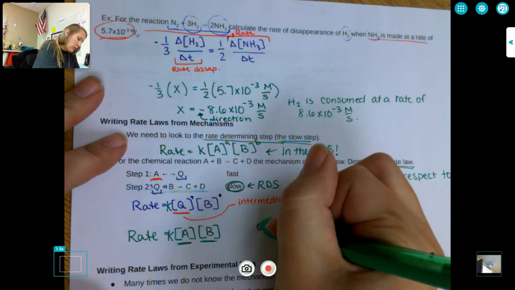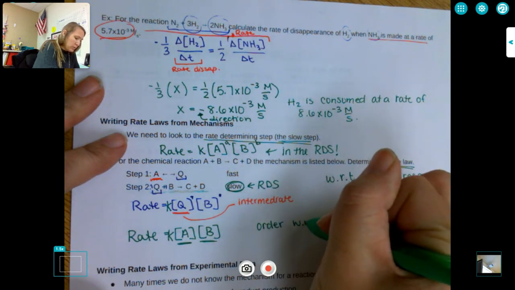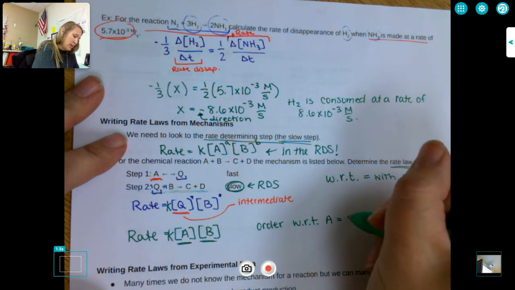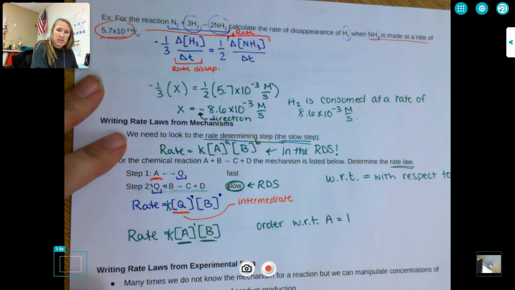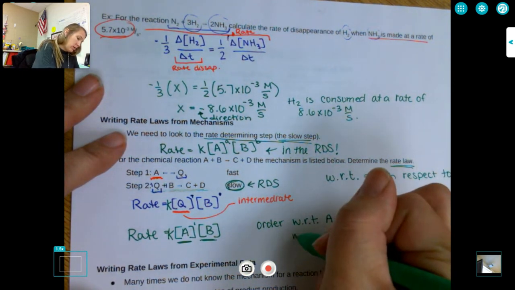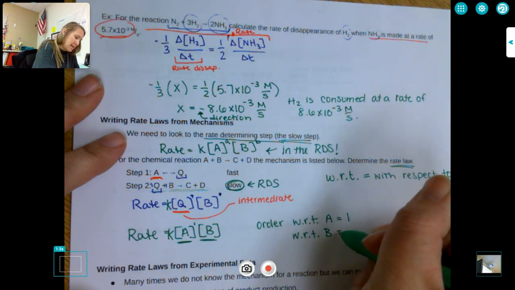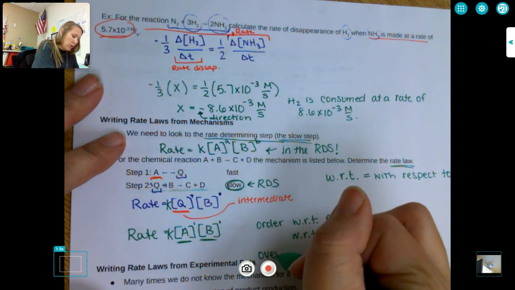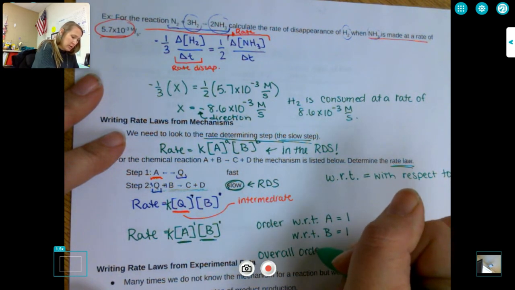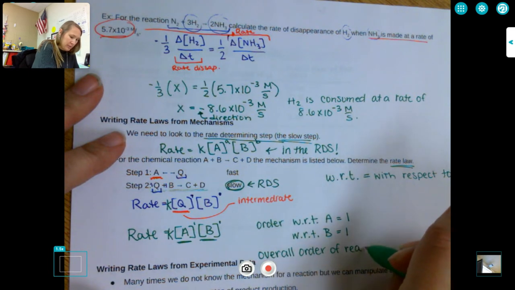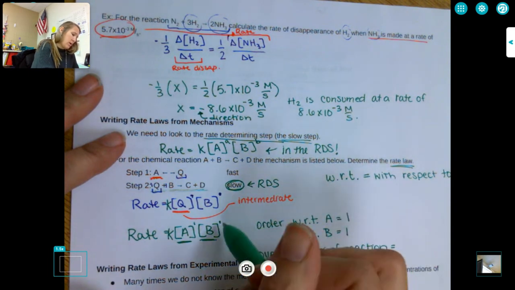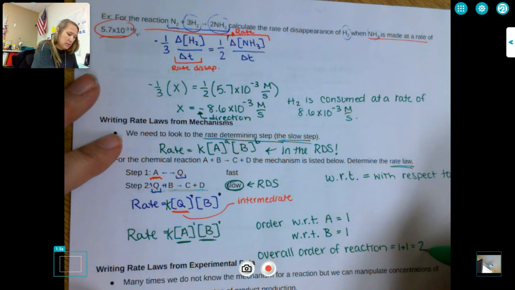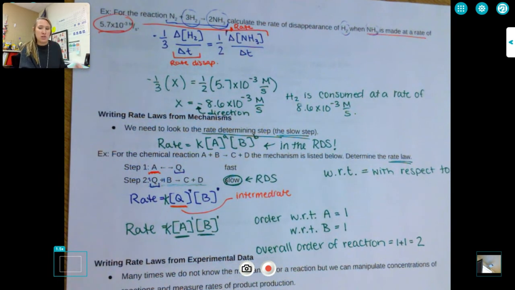So my order with respect to A, my reactant A, is going to be 1 because the number written up here is 1. We just don't write it. My order with respect to B is also 1 because that's my order listed there. That means my overall order of reaction, remember, we just add up our exponents here: 1 plus 1 is 2. So my overall order of my reaction here is 2.